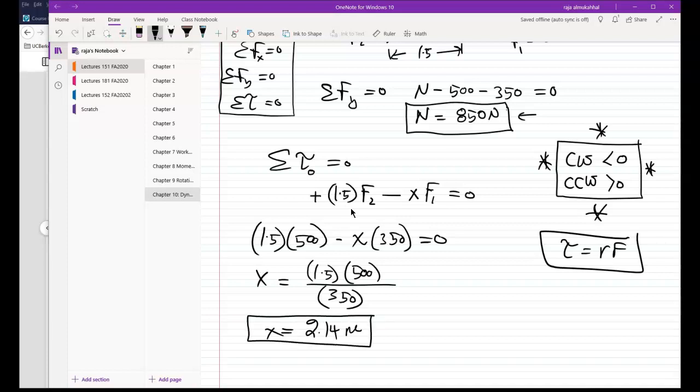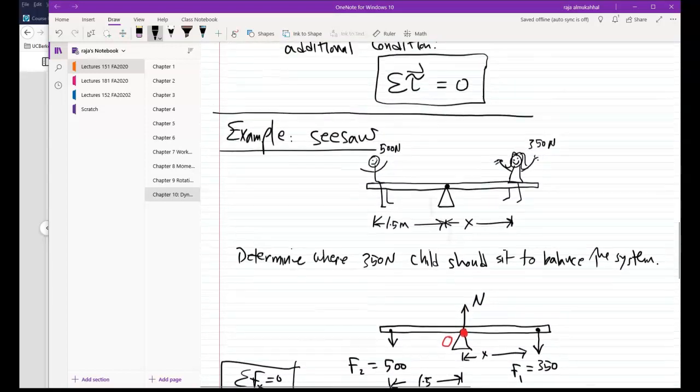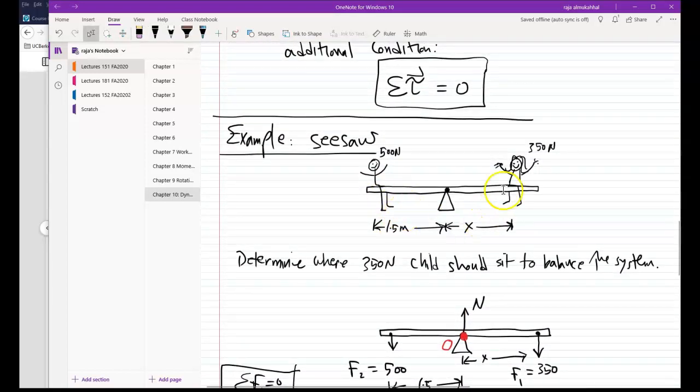See how it's done? In other words, go back to the diagram. In order for the brother and sister to balance on the seesaw, if he is 1.5 meters away from the fulcrum, she must be 2.14 from the fulcrum, somewhere here, for example, in order for both of them to balance each other, and neither of them will tip the other.